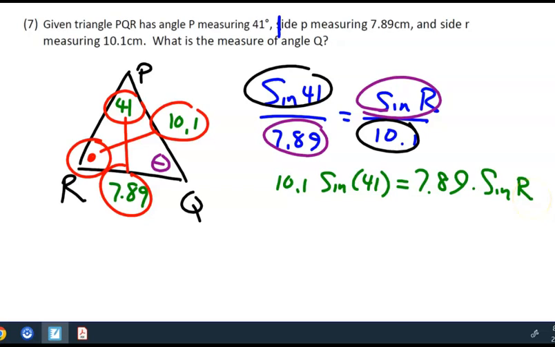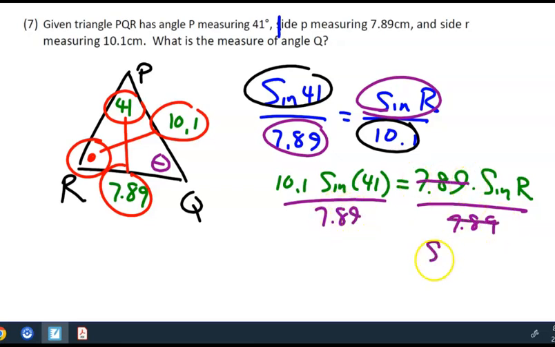Now this was a little different than the previous one because up to now we've always divided by the sine of our angle. This time we don't have the angle, so I need to divide both sides by the 7.89. So sine of R is what's left on the right side. What I would recommend here is that you stick in your calculator the fraction to get a decimal number, but don't erase it.